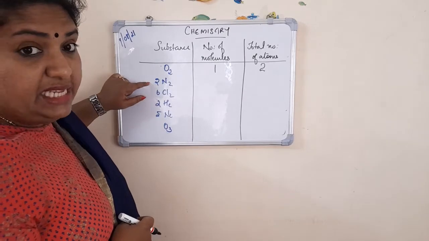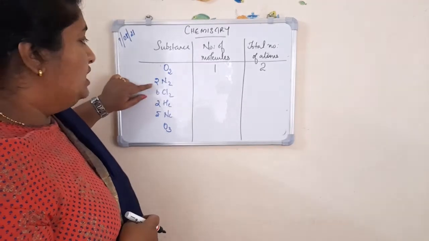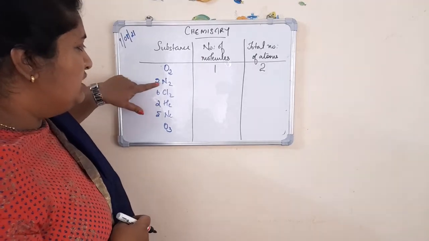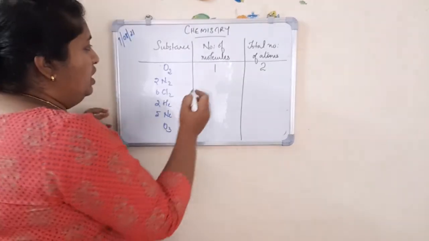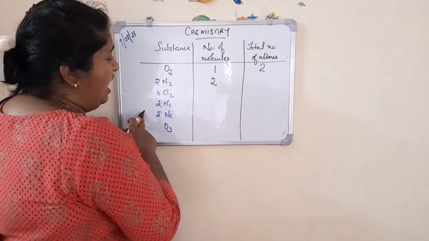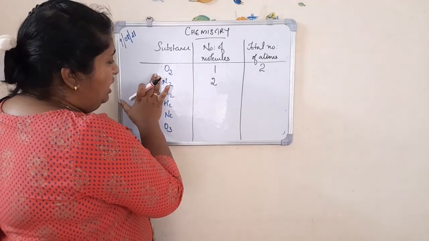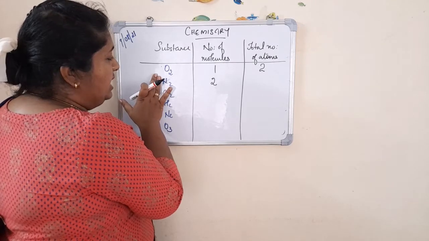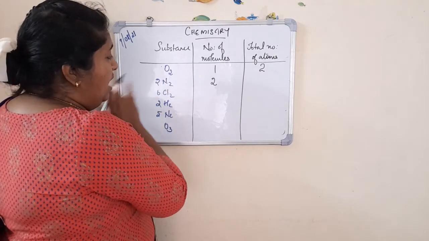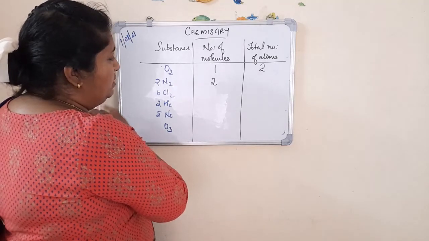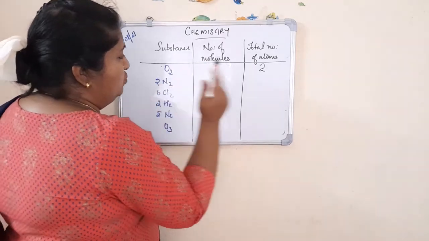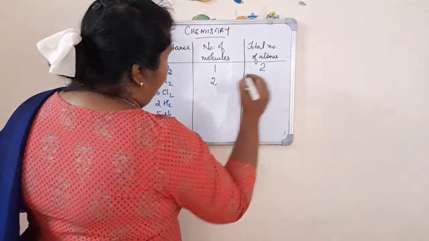This 2 can represent either the number of atoms or the number of molecules. So here you can see that there are 2 molecules of nitrogen. And what about the total number of atoms? In one molecule of nitrogen 2 atoms are there, isn't it? Now see 2 molecules. So how many number of nitrogen atoms? 2 into 2, that is 4.